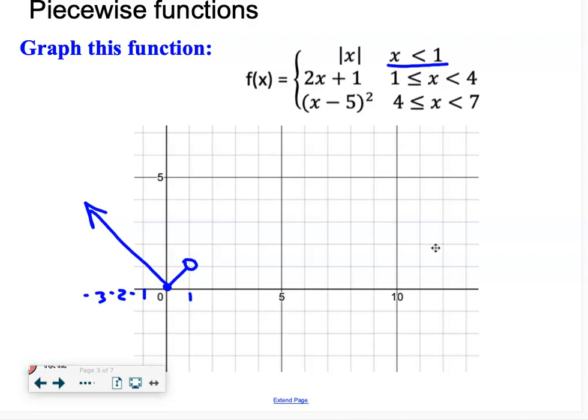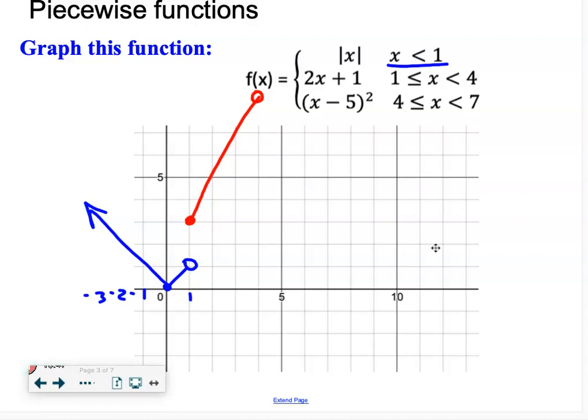So I would start this graph at the point (1, 3) with a closed circle because it's equal to, and then I would end it at (4, 9) with an open circle. 2, 3, 4, 5, 6, 7, 8. I have to go up here, because it's not equal to. So it's off my grid, but that's okay. If you want to make a T-chart, that's fine. Just make sure you only pick numbers from 1 to 4.